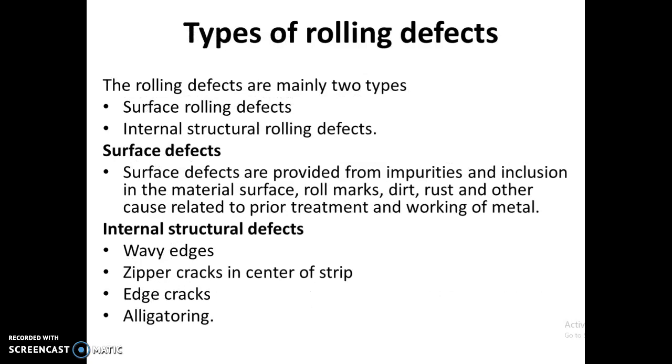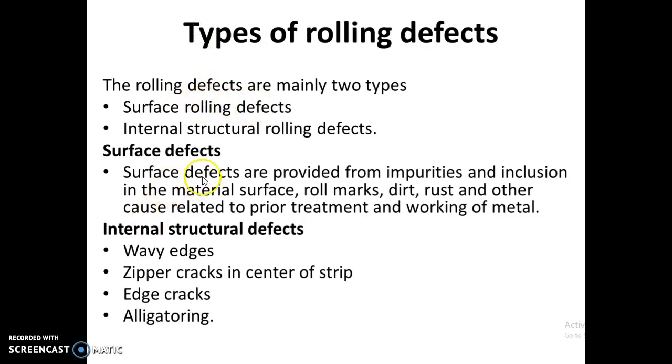What are the different types of rolling defects? Surface rolling defects and internal structural rolling defects. Surface rolling defect is nothing but a defect on the outside surface. The surface rolling defect doesn't create any impact on the structure of the material.